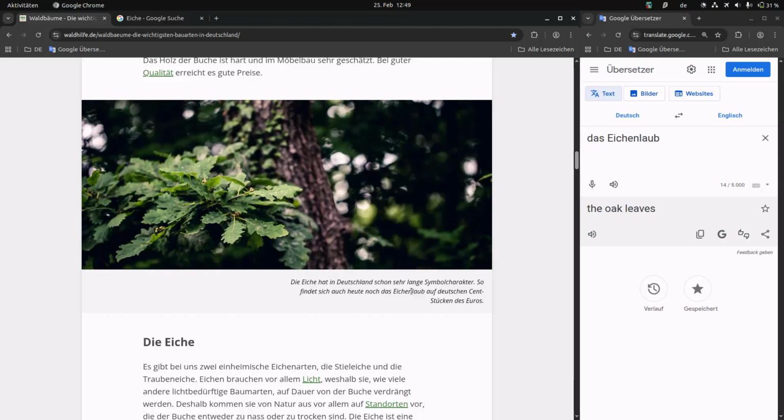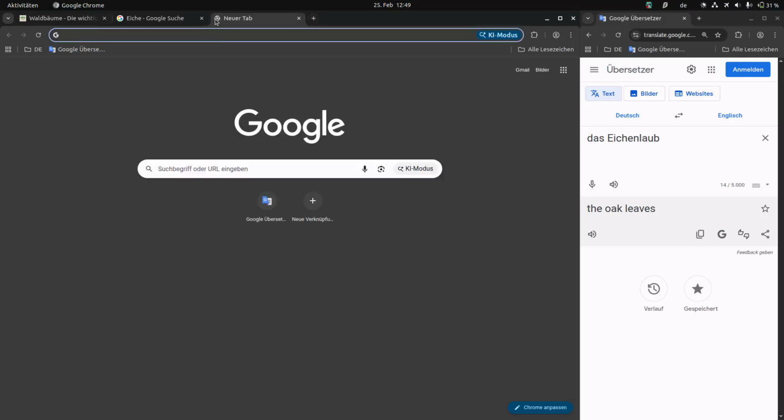So das Eichenlaub, the oak leaves, this is plural and this is basically the singular form. Auf, on, or on top, or whatever you want to say, just on. Deutschen, German, plural form. Centstücken, so cent pieces you could say. And I'm gonna just put up a picture of that.